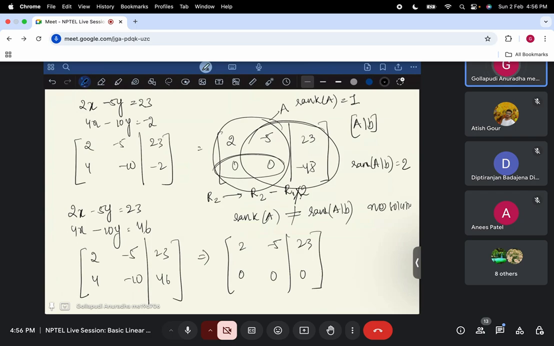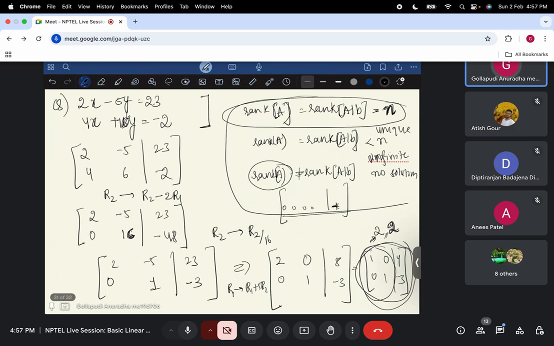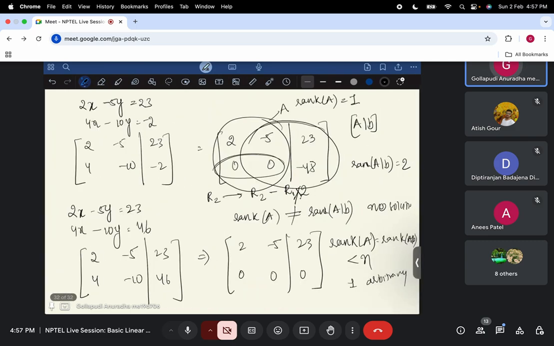So here the rank of A is equal to the rank of the augmented matrix, but it is less than n. So we have one arbitrary value, and the other variable can be defined based on that. So this condition which I was telling, I have explained with the examples here. If you have any doubt, kindly ask.